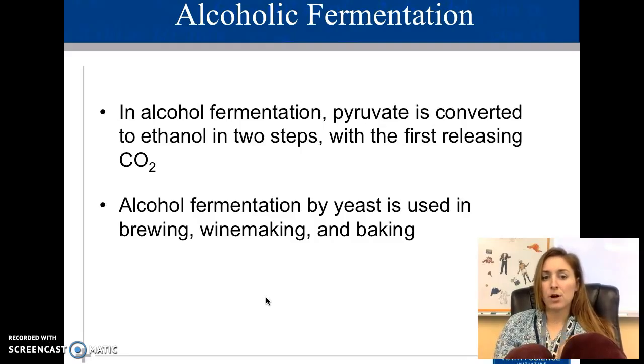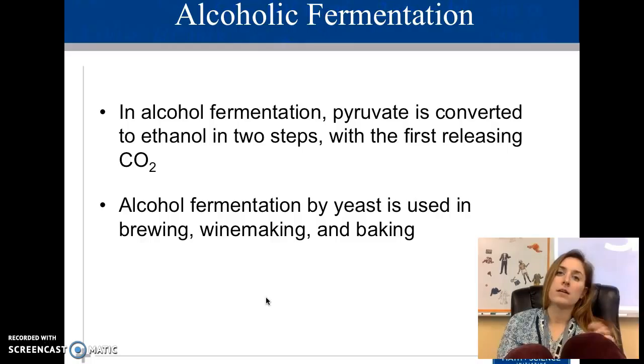In alcoholic fermentation, pyruvate is converted into ethanol in two steps, and it releases CO2 first. This is pretty much only used by yeast, and put into stuff to make beer and wine and bread and things like that. It's the way that yeast make their own energy.